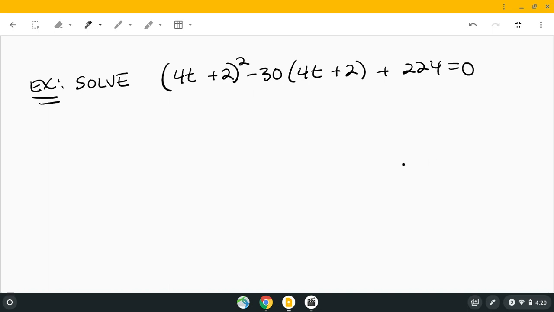Okay, so this here is quadratic in form because both of these are 4t plus 2. This one's to the first, and this is twice as much. Okay, so I'm going to let u equal 4t plus 2.